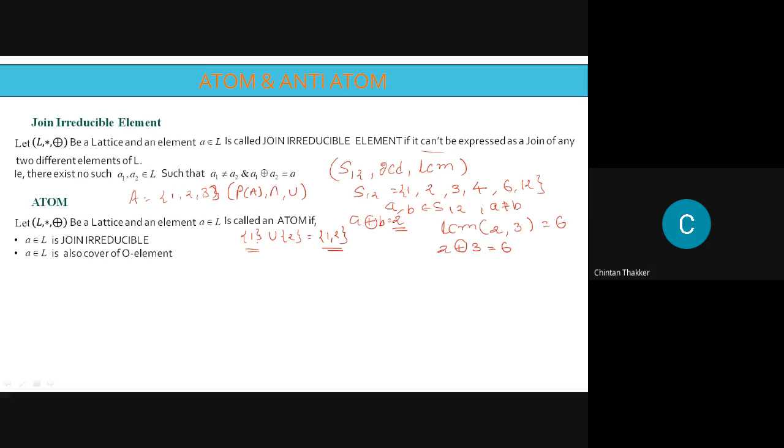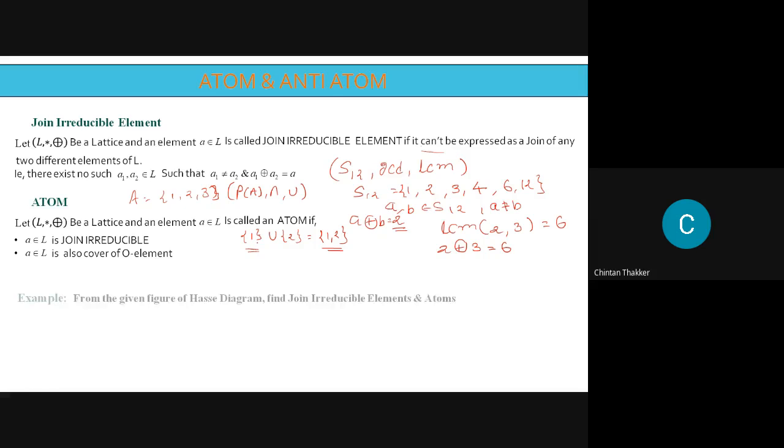The zero element means the GLB of the whole set. Then it is called an atom of that lattice or Boolean algebra. We mostly talk about Boolean algebra, so you can write Boolean algebra here also, not lattice only.